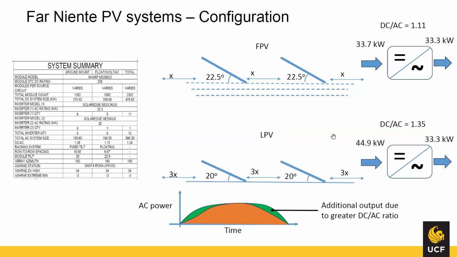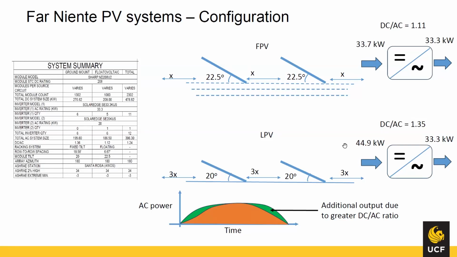So how does this make a difference, a higher DC/AC ratio or a lesser one? As you can see here, I'm giving a graphical illustration. In the morning, when there is no sunlight or it starts coming, the PV arrays and inverters start producing power from zero. It starts increasing, and as soon as it hits 33.3 kilowatts, the inverter only takes constant power from the PV array.